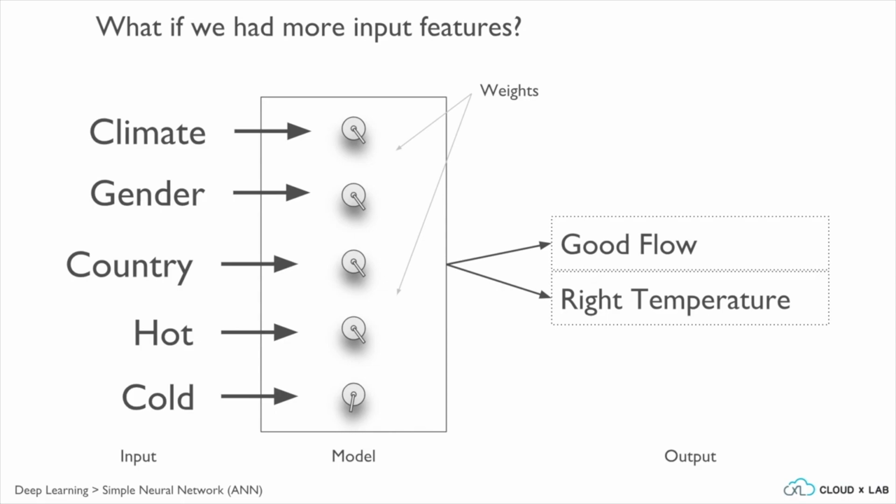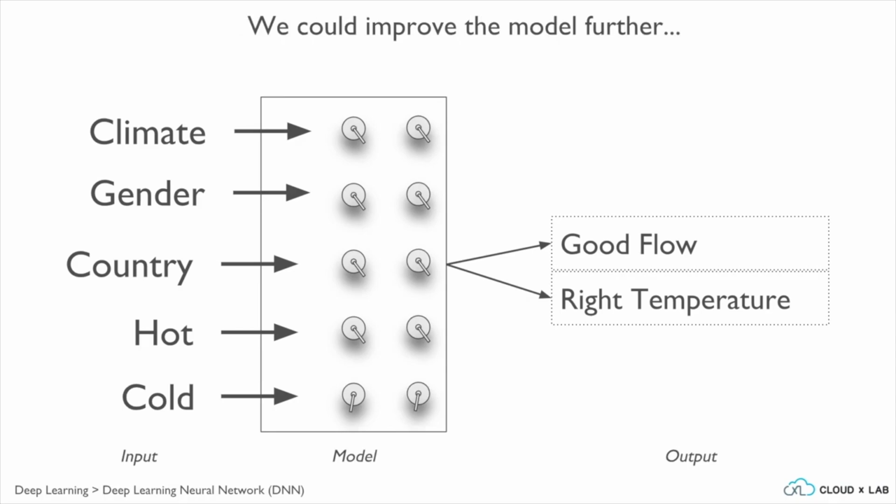What will be the right positions of the knobs to get the right temperature? If we rotate individual knobs, we can come to a combination of knob positions that can give us the right temperature.